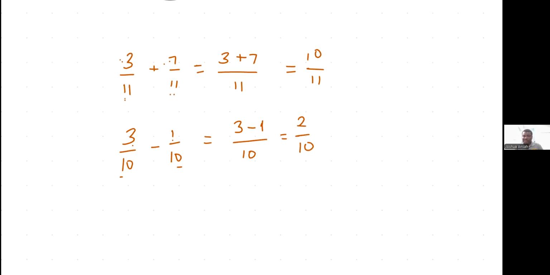Let's look at a few examples, and then we move on and see when the denominators are different. So let's see, 1 out of 8 plus 3 out of 8.